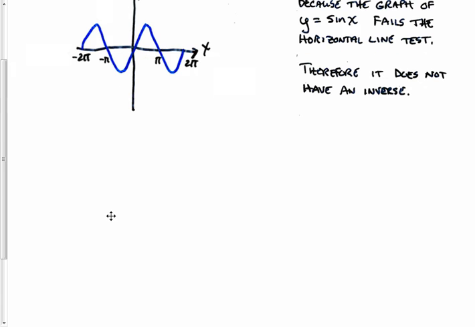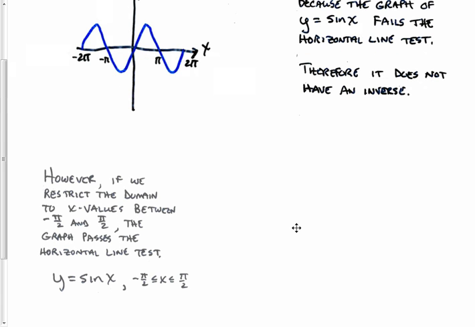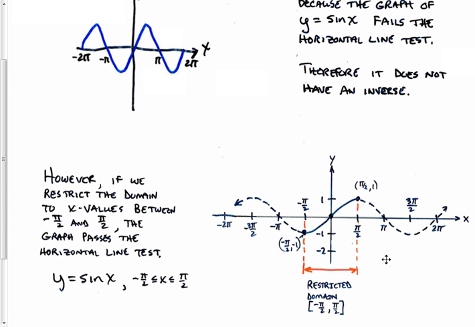Now, if we restrict, in fact, let's look at this graph. This is a little better graph than what I have above. It's the same graph except a little more precise.